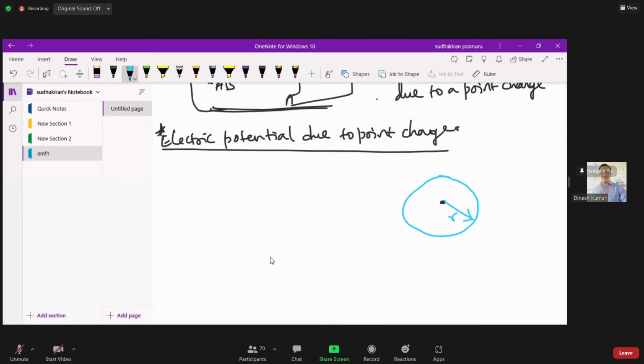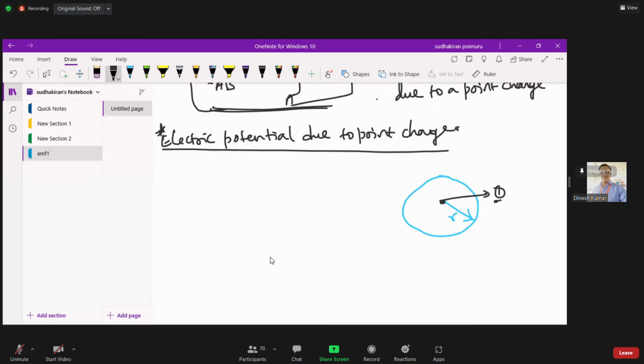Now, what we are going to have? Here we are going to have a total of 3 cases. Case 1, if the point charge is at origin. If the point charge itself is located at origin, we are going to consider that as case 1.